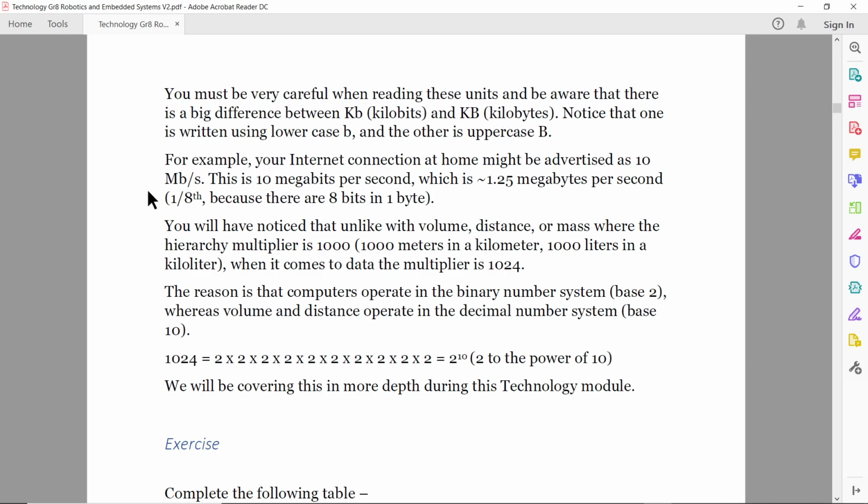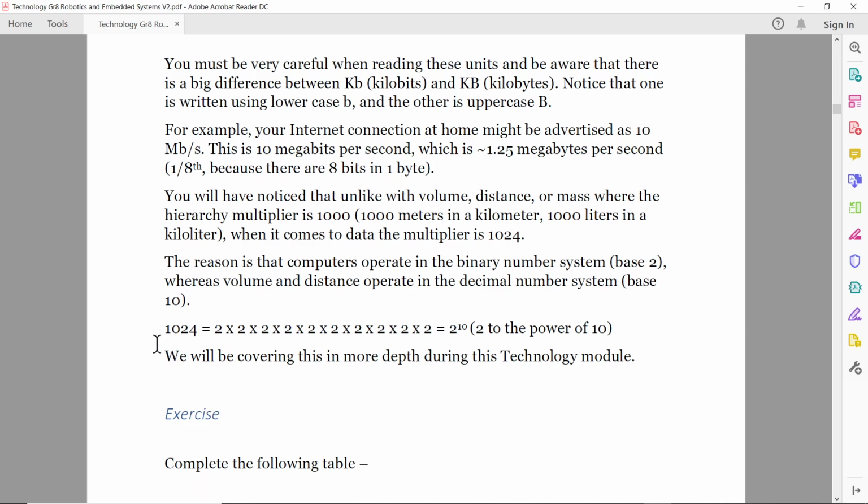That's another gotcha that you've got to be careful of when you are doing the quizzes. Usually things are measured in kilobytes or megabytes or terabytes, except for things like your internet connection at home. That would be like 10 megabits per second or 20 megabits per second or 4 megabits per second. So your internet at home is measured in bits per second.